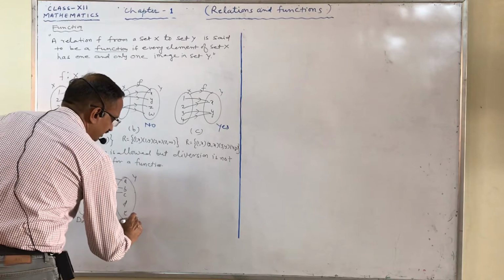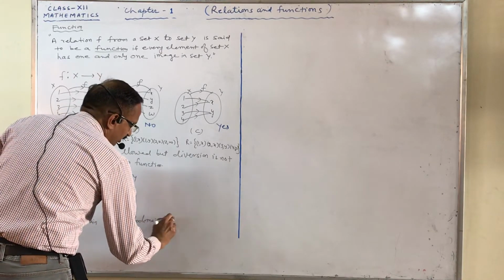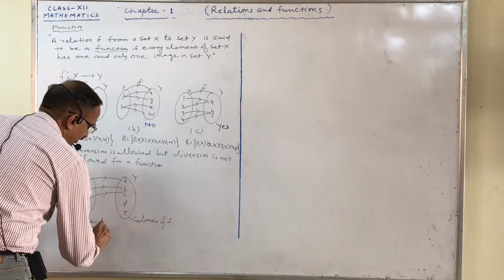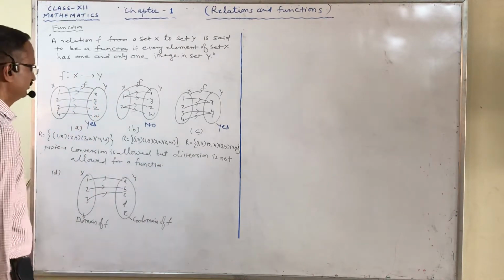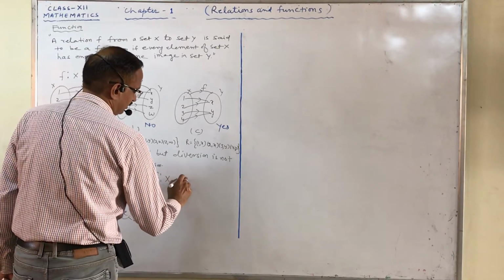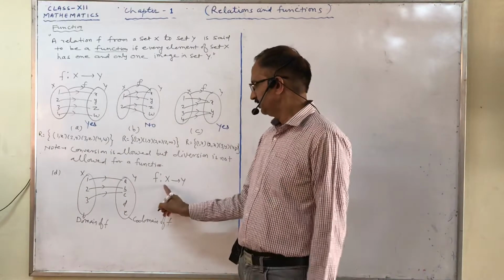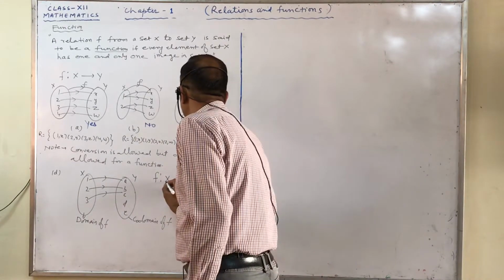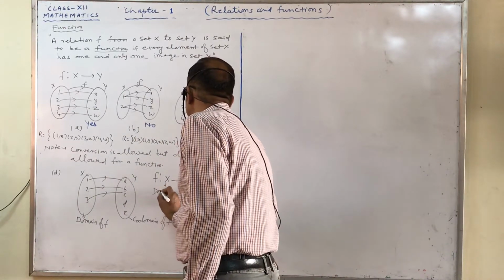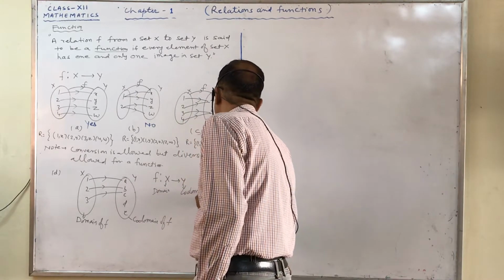This Y is the codomain. This is the domain of F, and this is the codomain of F. If F is a relation from X to Y, then X is the domain and Y is the codomain.